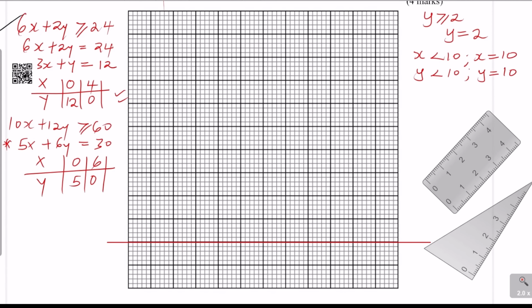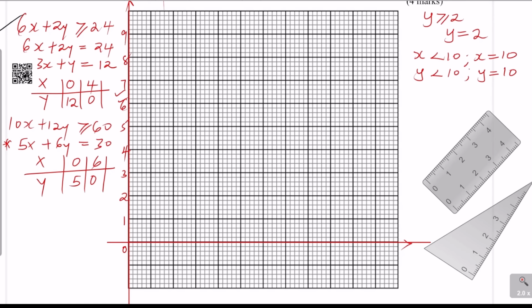So use the x and the y axis. I have 0 here. So I have 1, 2, 3, 4, 5, 6, 7, 8, 9, and whether that one will fit, let me see if that one is okay.